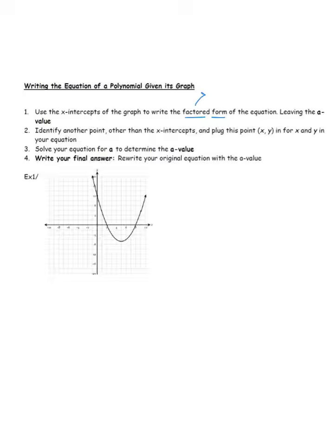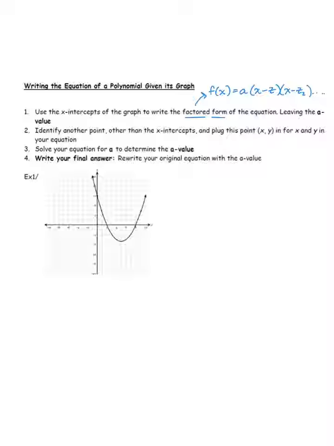This is our factored form: f of x equals a, x minus z, and then x minus z again, or you could put z2, dot, dot, dot. So we're going to use that format.